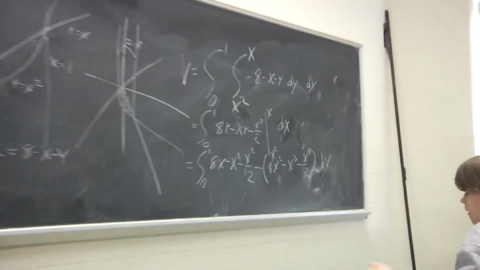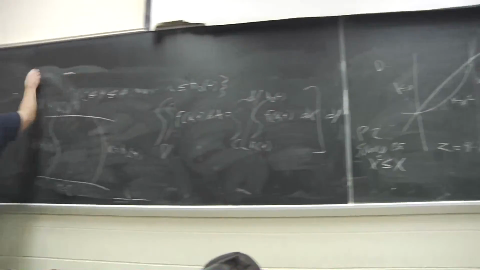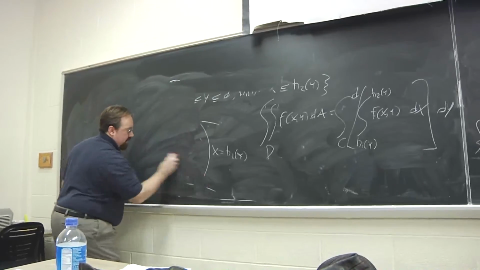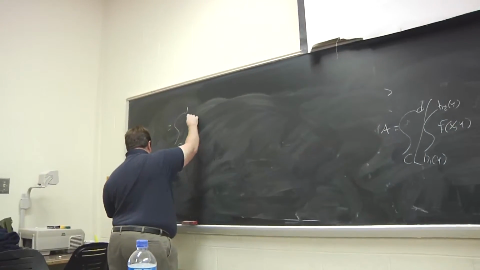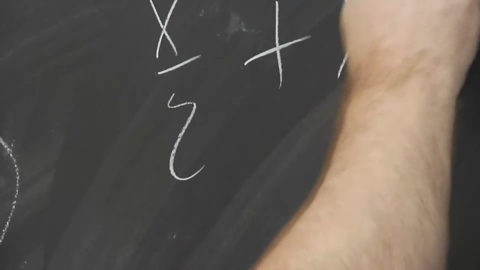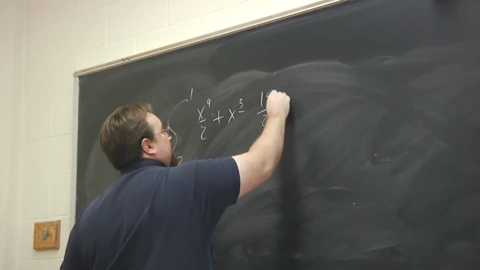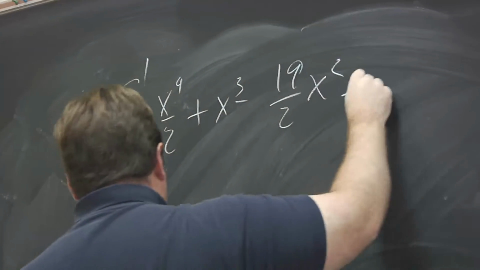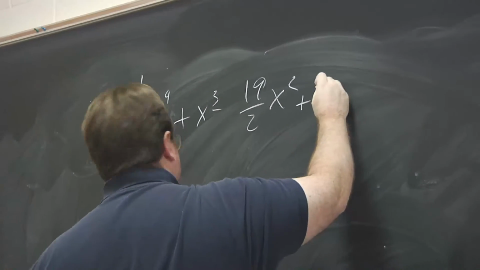So that's going to be x to the 4th over 2 plus x cubed minus 19 halves x squared plus 8x.